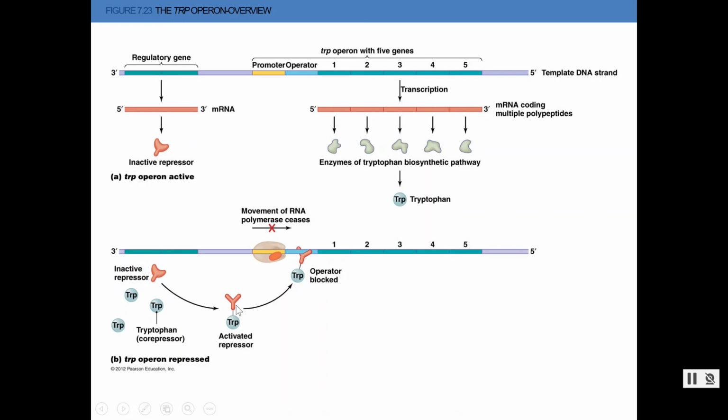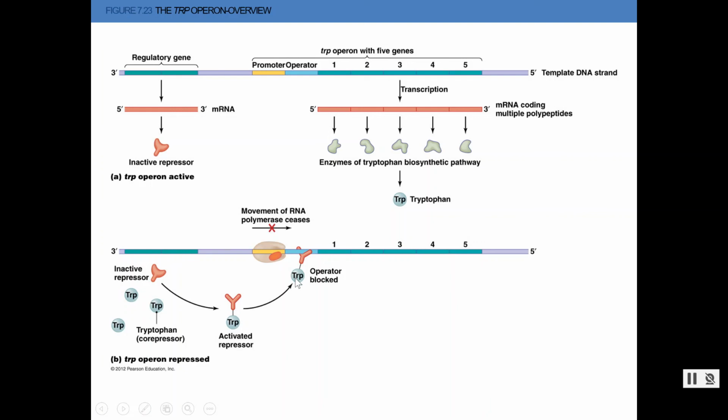Remember, when proteins bind, it can change the shape. And now this is the perfect shape to bind to the DNA in the operator region. And when this complex, the tryptophan and the repressor, which has now been activated, binds, then RNA polymerase can bind to the promoter, but it can't move down the mRNA. So transcription is blocked. It is physically blocked.